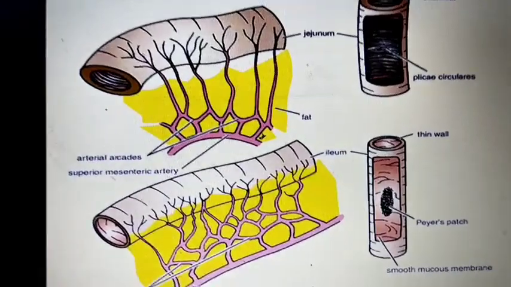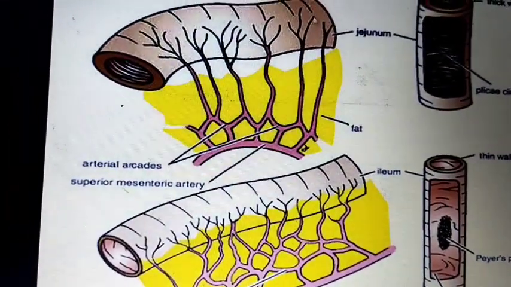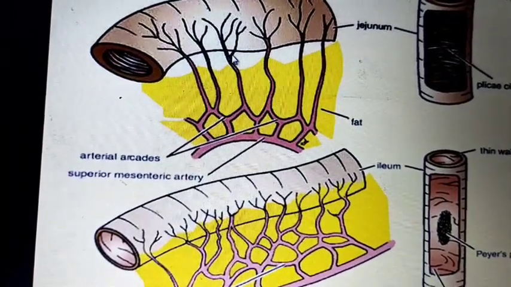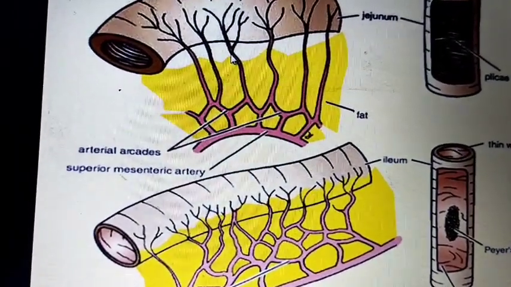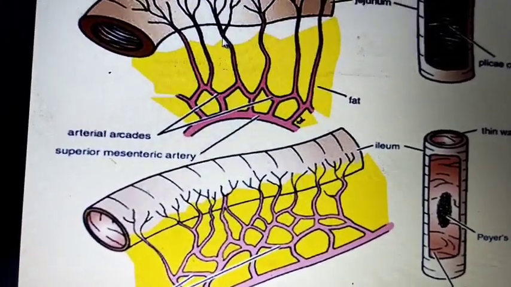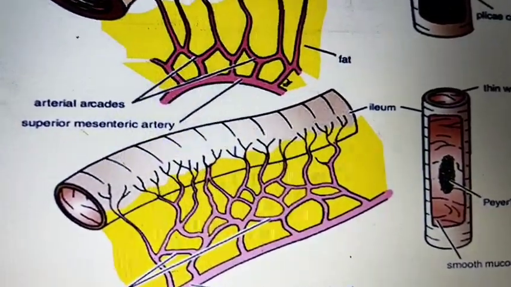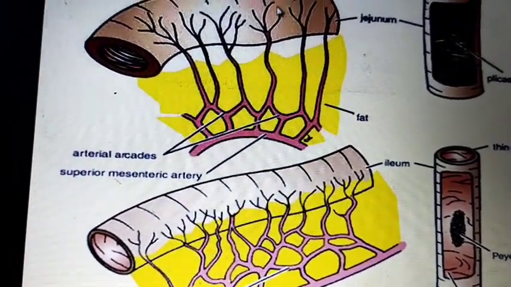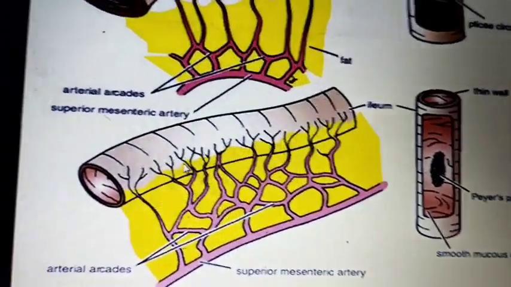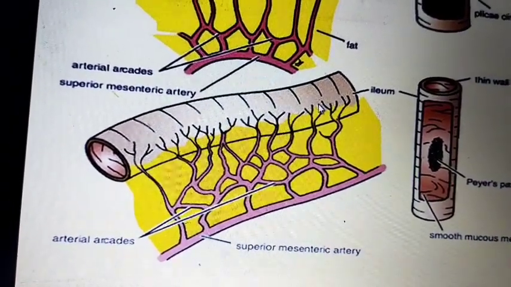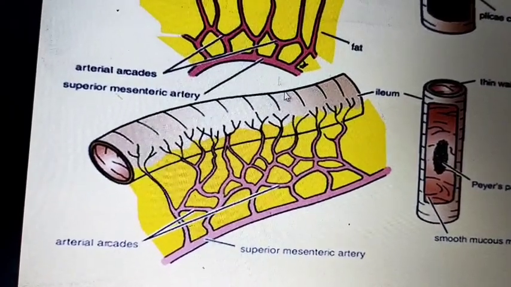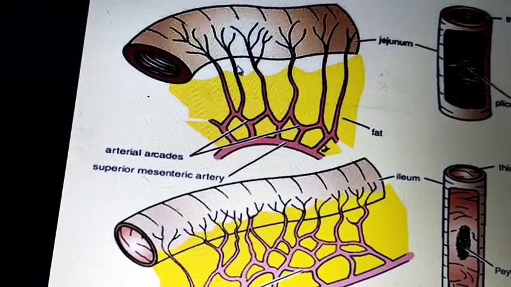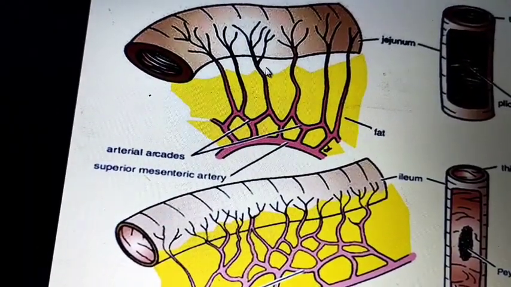You can see here the fat distribution in the jejunum. Towards the jejunum there is very little fat distribution. And here it is the ileum. Here there are no windows, the fat distribution is very rich, and the mesentery is translucent, transparent. You can see transparent free fat.